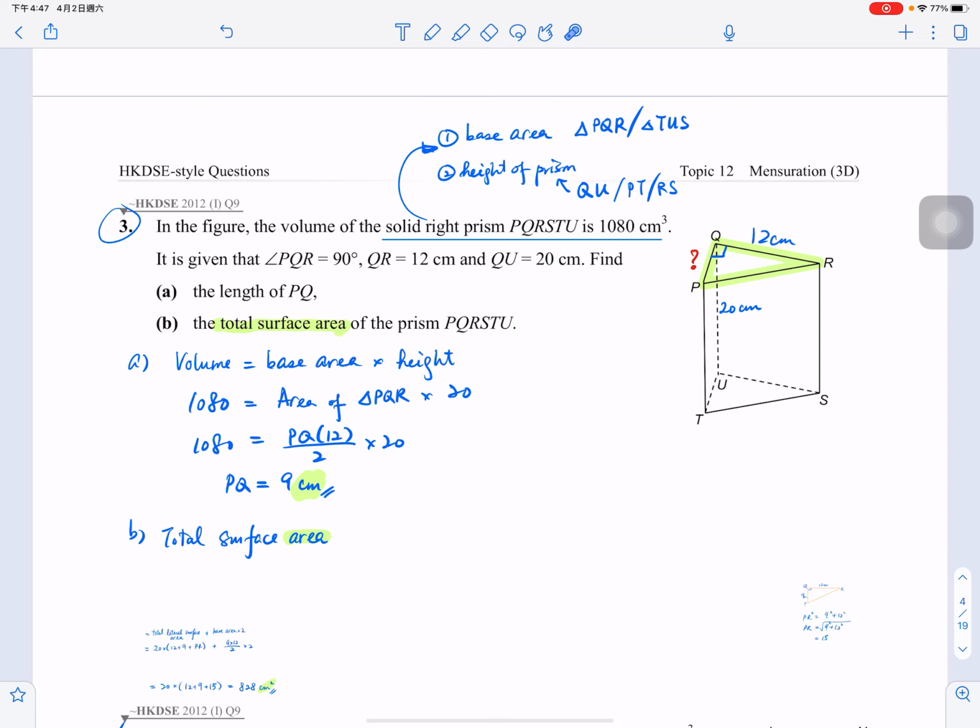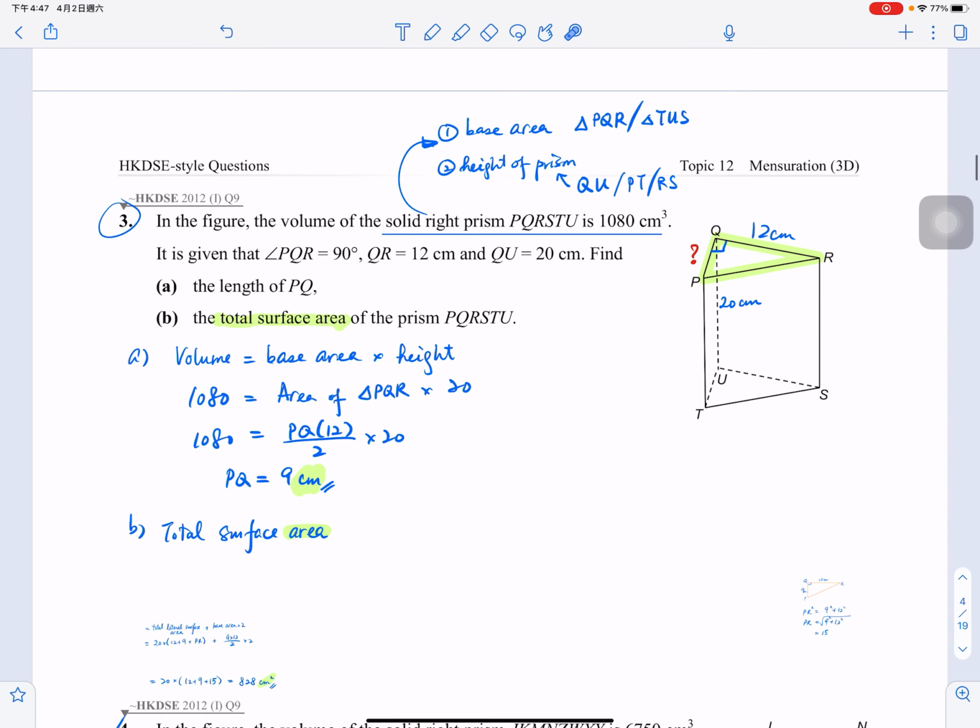Two bases, and here are the three sides of the base area. So add 3 faces, there are a total of 5 faces you need to calculate. And for the 3 lateral surface areas, do you know how to find it? You know 12. You know PQ is 9. How about PR? Yeah, we need to find it, otherwise we cannot find the area.